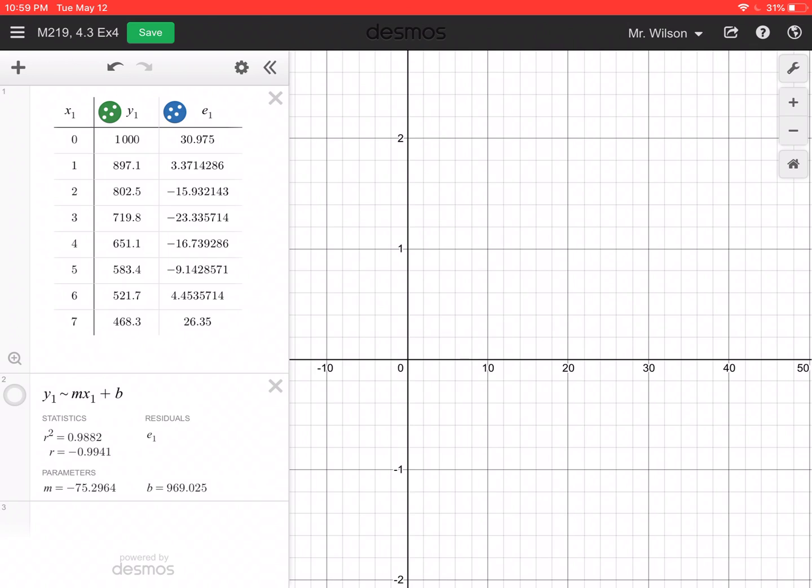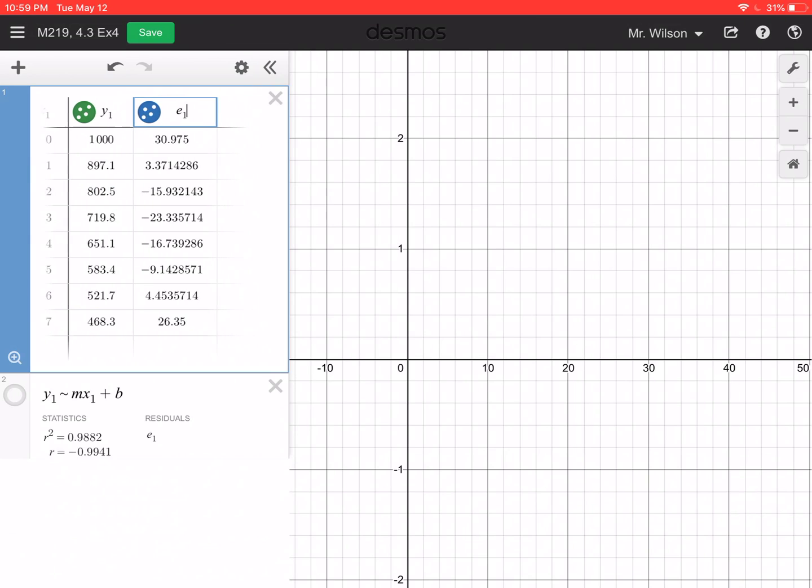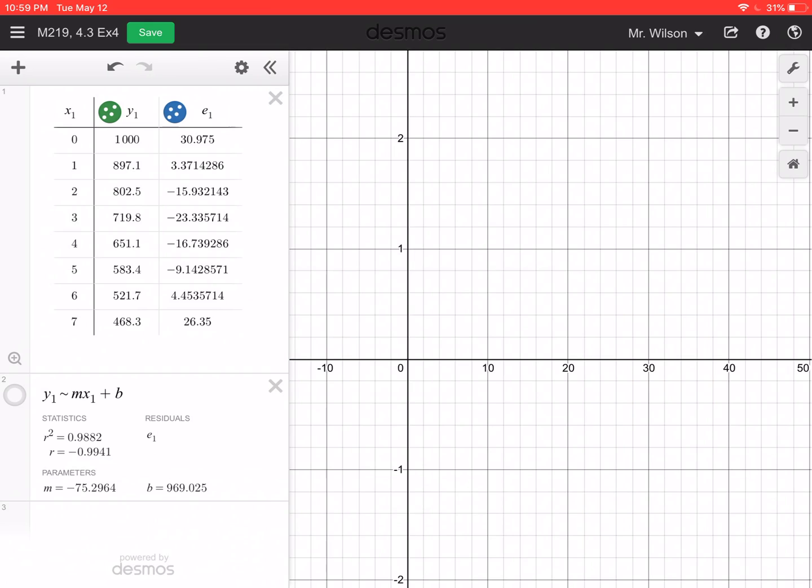Here we have our data: 0, 1000, 1, 897.1, etc., all the way down to that last value. And Desmos, of course, plots the residuals here in their own column.